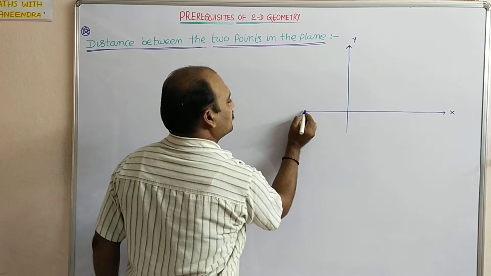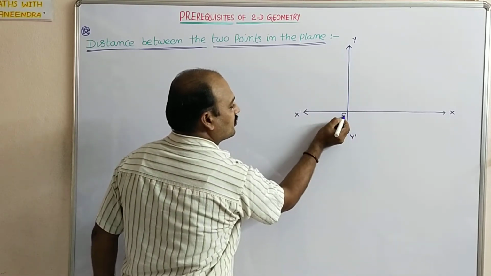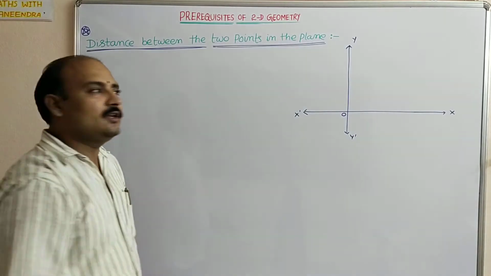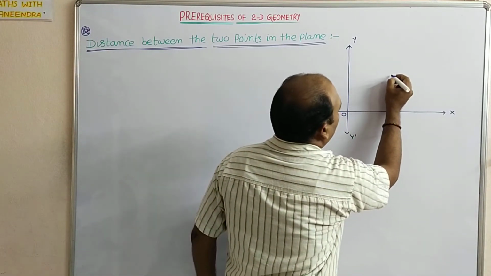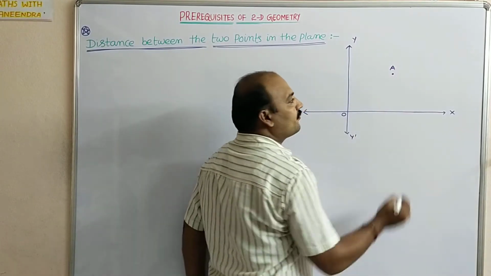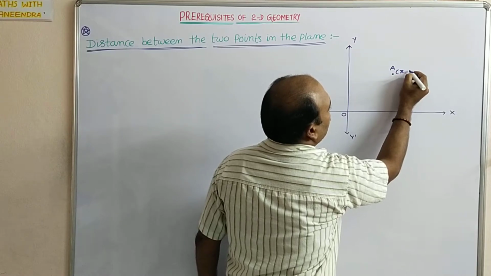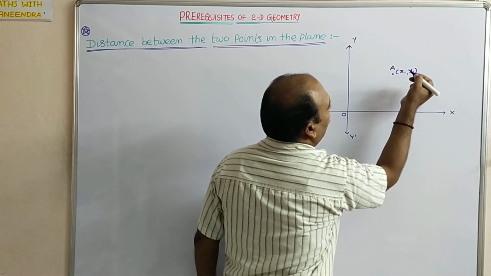This is the negative x-axis, negative y-axis. This is the origin. I am considering the point here, A of x1, y1. This is the first point, A of x1, y1.